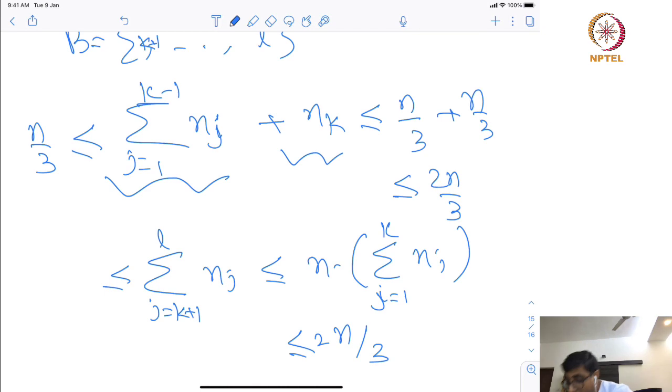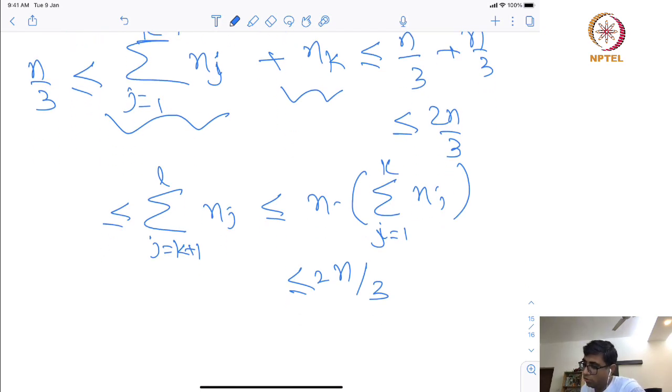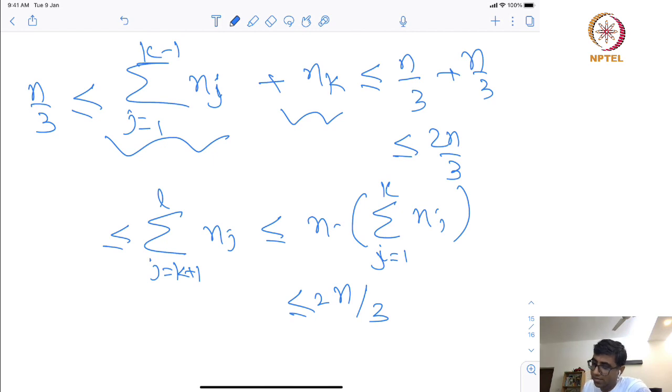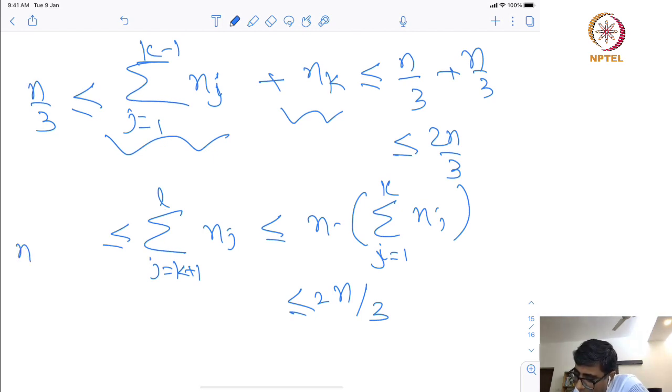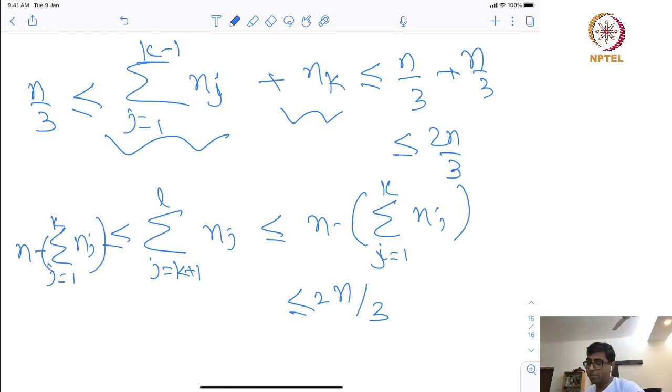It could only be smaller, it cannot be bigger than this. And now for the lower bound, we will use the same thing. I can write this as n minus the summation j going from 1 to k of nj. But what is the summation of nj upper bounded by? It is 2n by 3. So this will imply n over 3. So once you have the bounds of n by 3 to 2n by 3 on A, it automatically implies a bound for this.